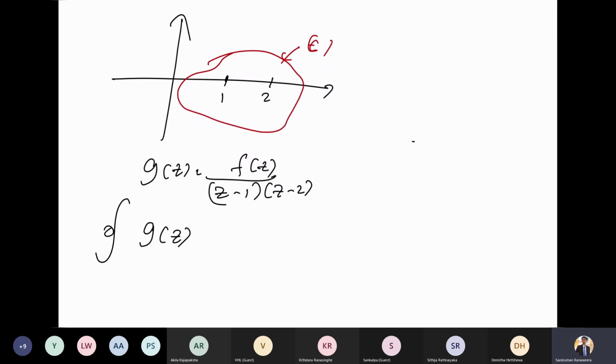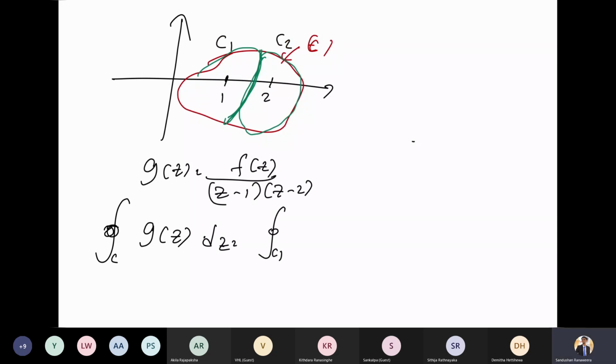If I want to evaluate this integral over this curve, I take two contours, something like this. I take one contour like this and another contour like this, in the same direction. Then I can write this as follows. Let's say this is C1 and this is C2.